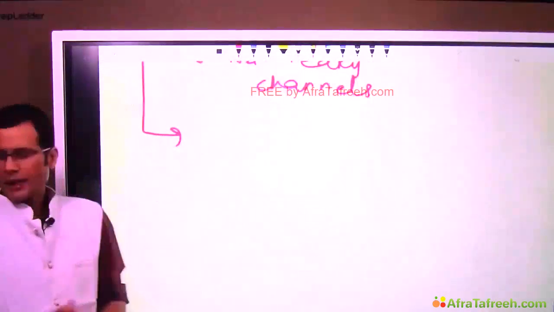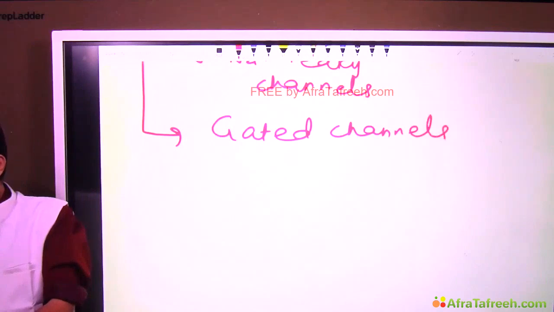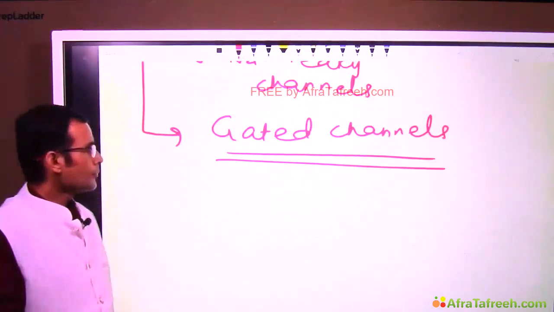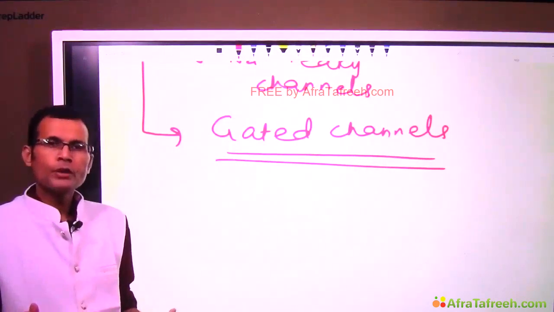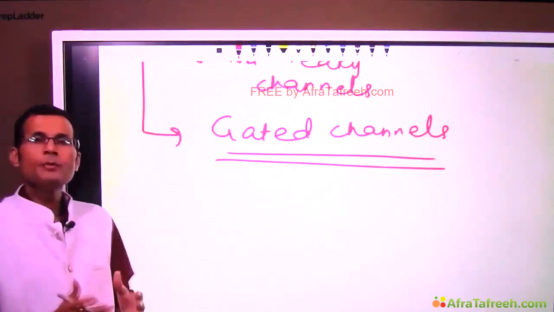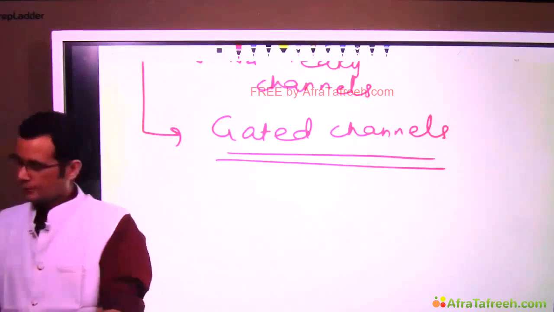Well, the other type of channels, gated channels, means they have got gates, and those gates open or close. Only when the gates are opened, the movement of that particular ion is possible. So that's the gated channels.